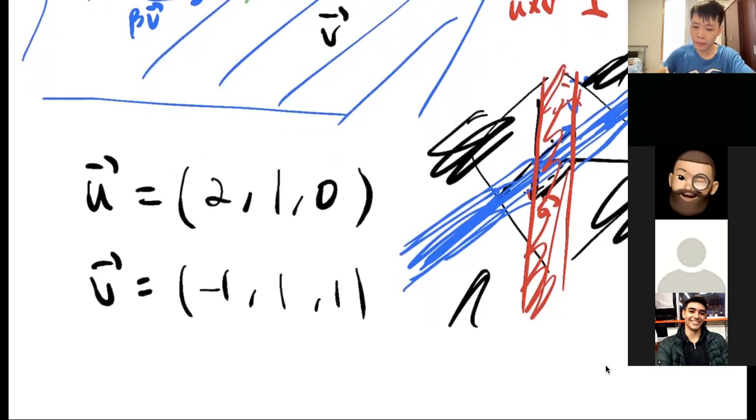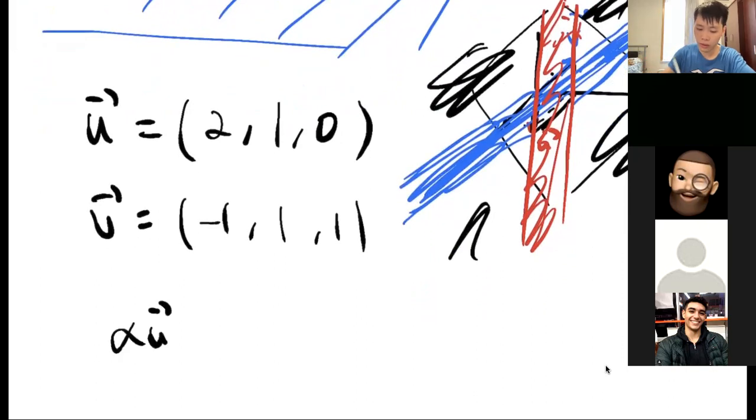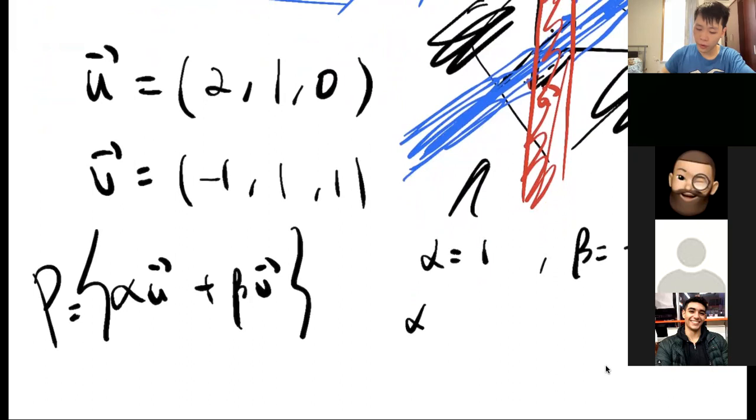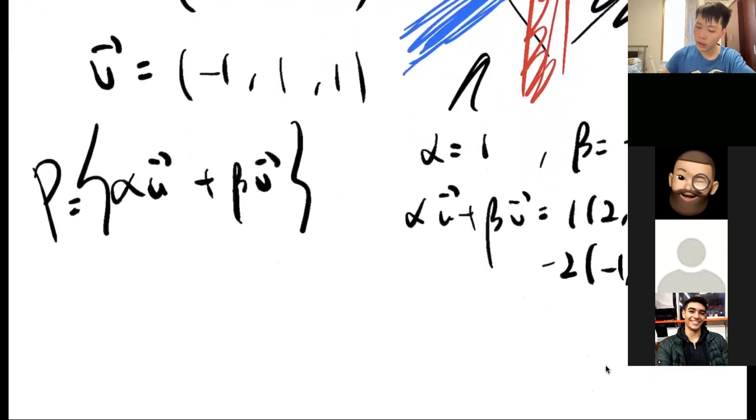So for example, when you take alpha equal to 1, beta equal to -2, what do you get? Alpha u plus beta v is 1 times (2, 1, 0), minus 2 times (-1, 1, 1). The result is 2 plus 2, 4; 1 minus 2, -1; 0 minus 2, -2.